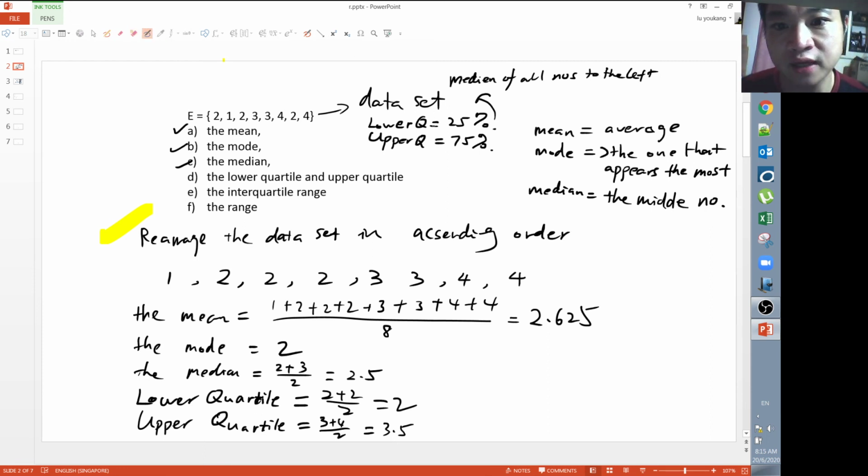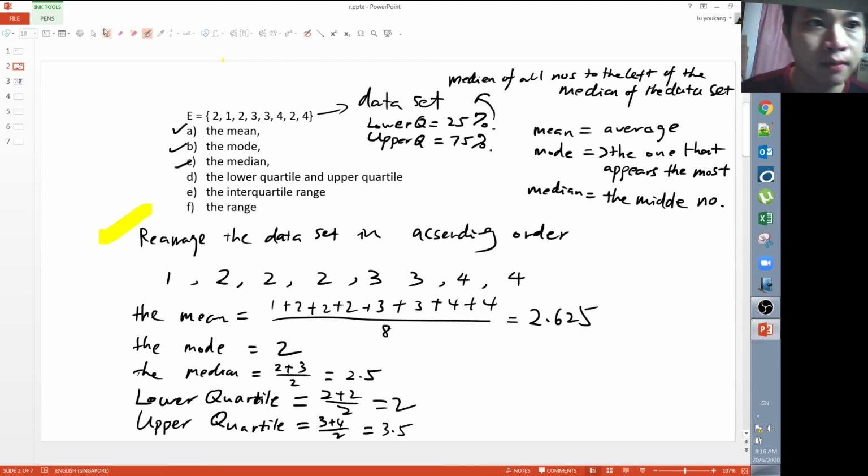If you are asked to find the lower quartile, which is the 25% position, you're actually finding the median of all numbers to the left of the median. The median here and the median here are slightly different, so please note the nuance.